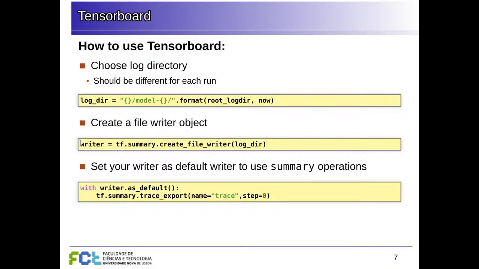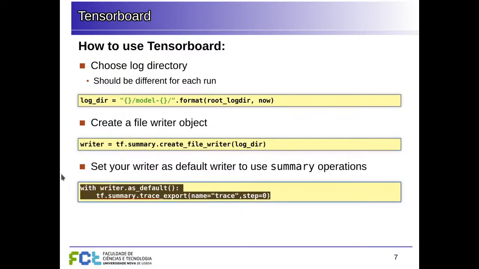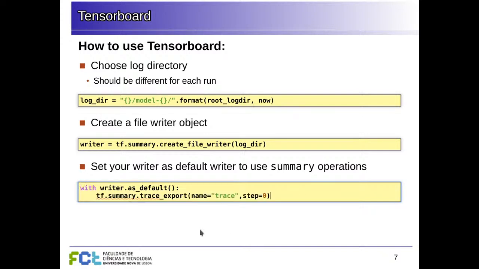Then you create a file writer object for that particular folder, and whenever you want to write things there, you set that writer as the default writer, and in that context call different functions that you have in this summary library to write different things to the log file. So in this case, to write the graph, we're using trace export, but there are different functions that you can use to write values and so on.